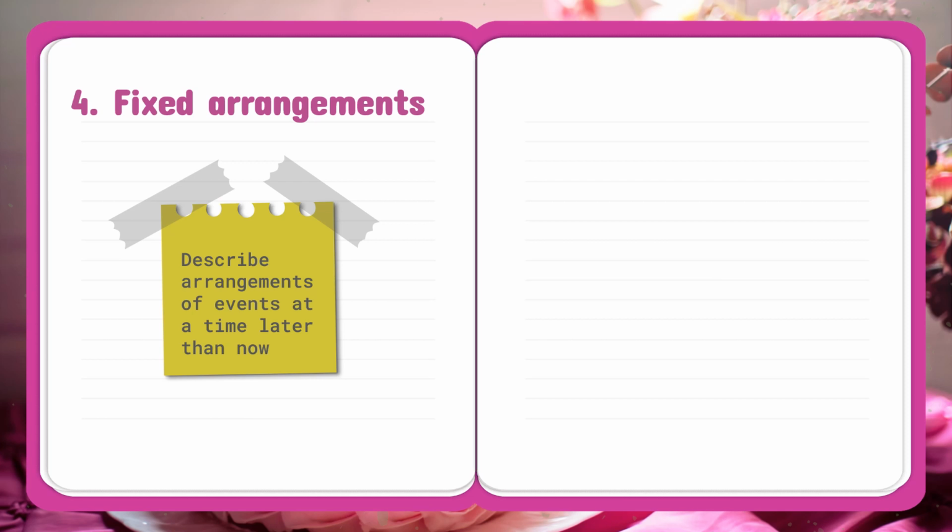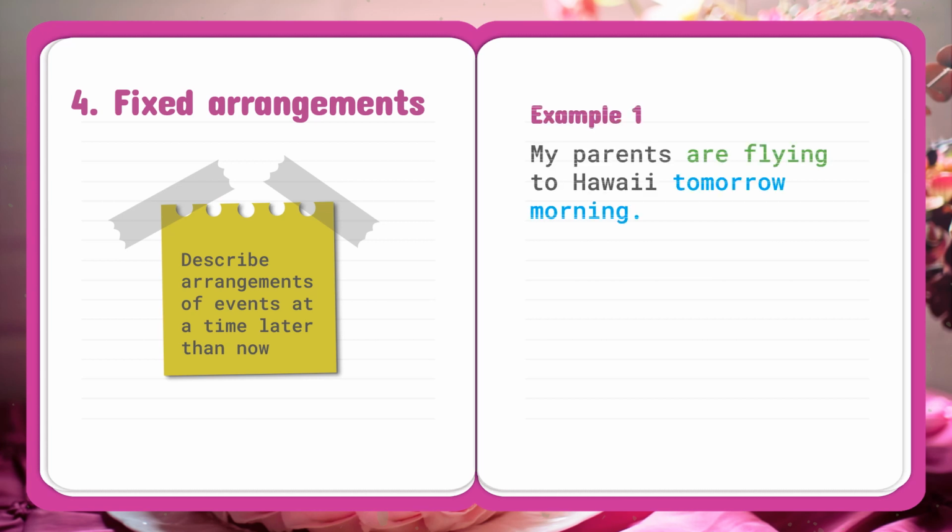We can also use the present continuous for fixed arrangements. These are arrangements that will take place in the future, called scheduled actions, according to a plan or a schedule. Number one. My parents are flying to Hawaii tomorrow morning. Now this is already fixed. Number two.